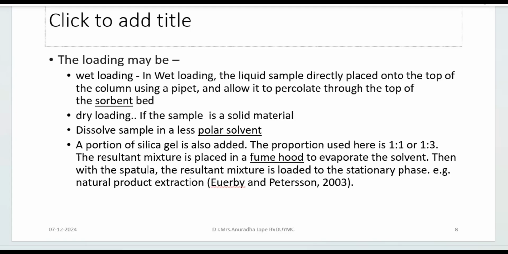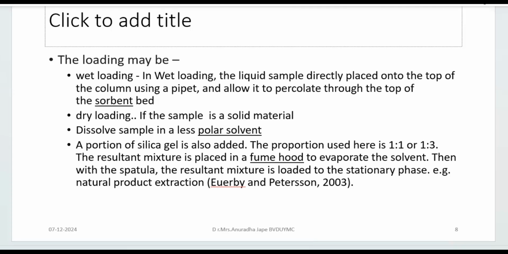So when it comes to loading of the sample, as I said, it could be of two types. It could be wet loading, where you have a solution or suspension or liquid sample that is used, or it can be dry loading. Dry loading is generally used for solid material, for example plant extracts. When you're extracting it, if it is in the solvents, it's fine.